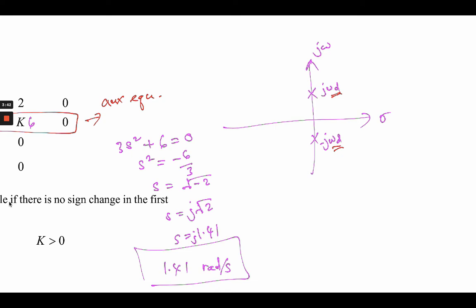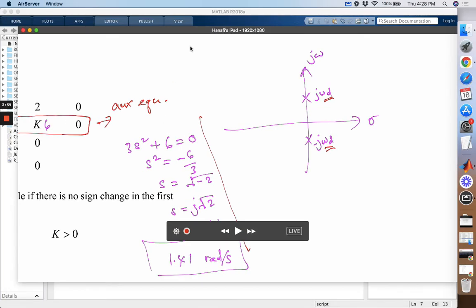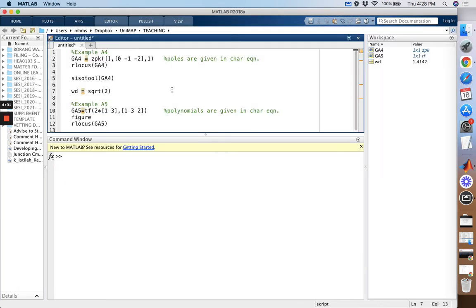So what we can do is find the value of frequency using the auxiliary equation that I explained earlier. Okay, I can also demonstrate using MATLAB, where in this example I can find the value of the frequency of oscillation using the sisotool.